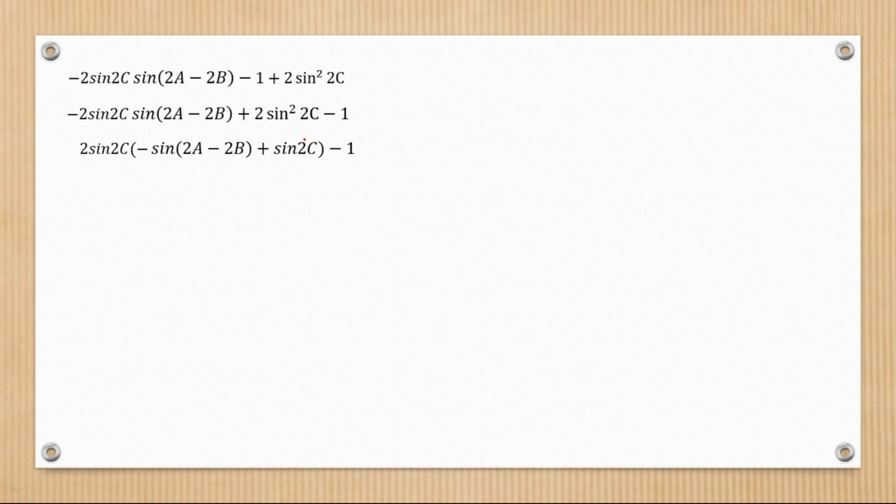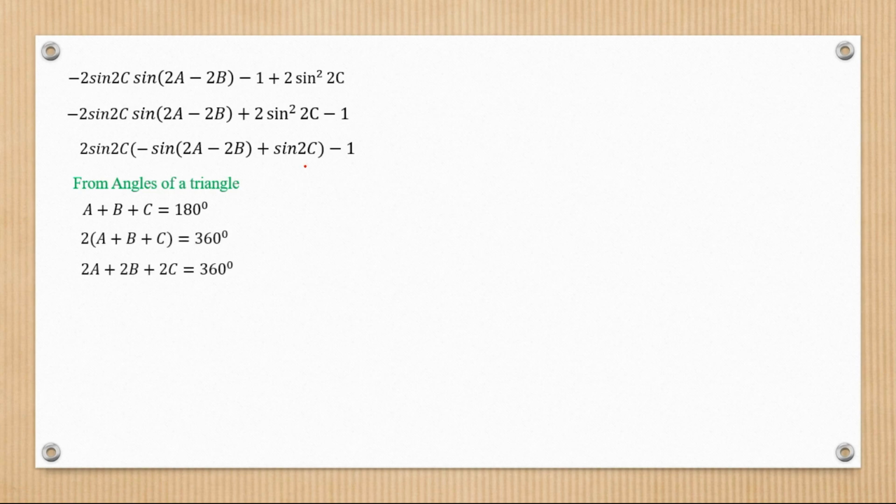Now the next step is to convert this 2C into a format where we can actually work with the factor formula. Again, from angles of a triangle, we know that A plus B plus C is equal to 180. When you convert that into this format, making 2C the subject, we know that 2C is 360 degrees minus (2A plus 2B).